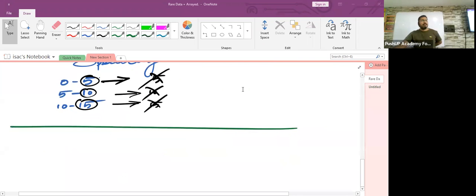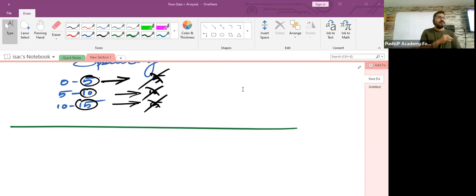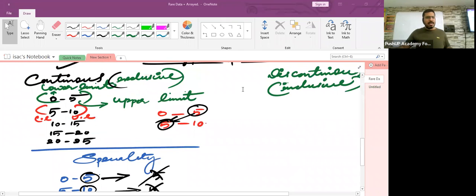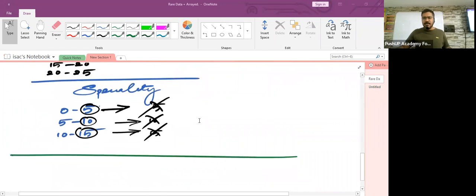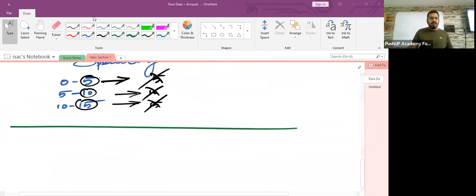Yeah. So the continuous part is over. Now we are going to learn what a discontinuous class interval is. Okay. I have to teach you one more important concept, which is known as class mark. Okay, I'll do one thing. I'll teach you class mark for continuous class interval and then move on to discontinuous. That will be a good option.